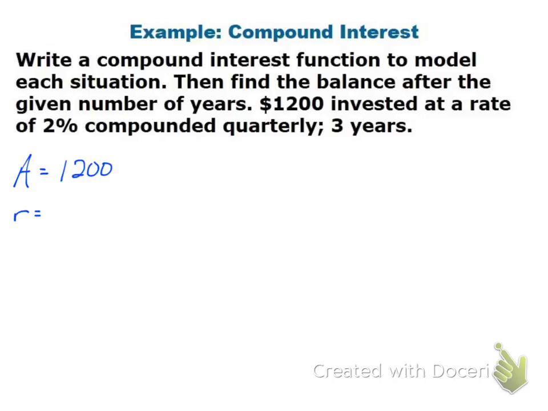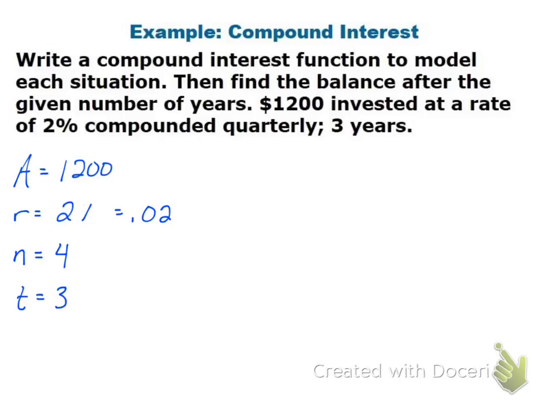My rate is 2%, which again is 0.02. The only thing that's different is now I've got to take into consideration the number of times that it's compounded, which is the time that the interest is applied and then reinvested. So if it's being compounded quarterly, quarterly means 4 times in a year, and then the time that goes by is going to be 3 years.